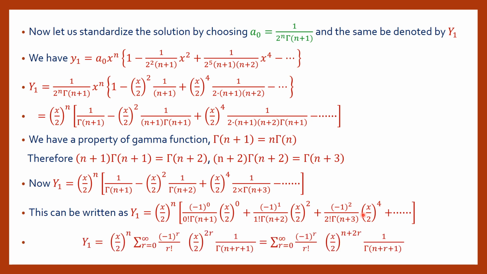So we write outside x by 2 power n, summation r from 0 to infinity, and we write the general term minus 1 power r by r factorial, x by 2 power 2r, into 1 by gamma of n plus r plus 1. Now taking x by 2 power n and clubbing with x by 2 power 2r, we get x by 2 power n plus 2r.